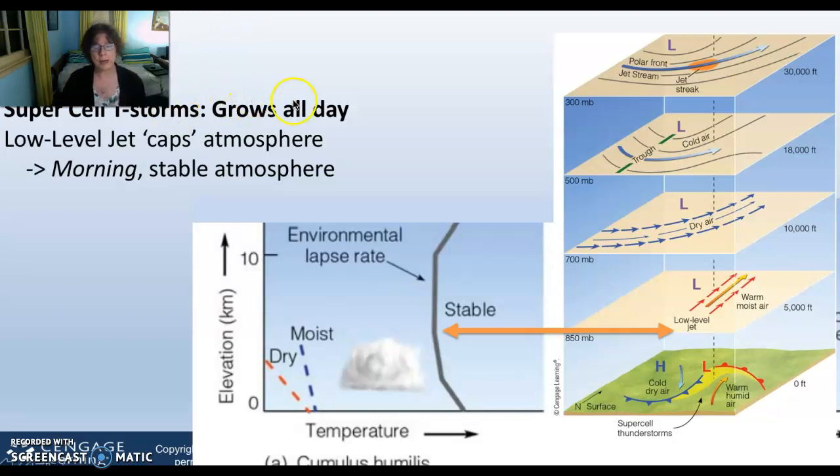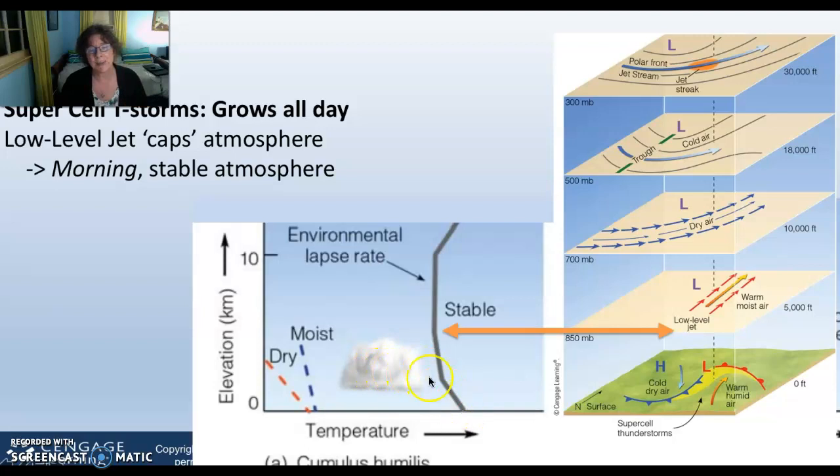This is during the morning when you have a relatively stable atmosphere. Remember, stable, steep environmental lapse rate, stagnant air that doesn't really climb far. Sometimes stratus clouds. These aren't stratus clouds, but these are not high cumulus clouds here.